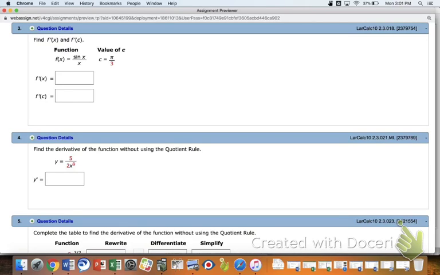Okay. So the first part, f prime is a quotient rule, right? Yeah. So f prime is low d high minus high d low over the square of what's below. So then f prime of pi over 3 would be pi over 3 times cosine of pi over 3, which is 1/2.